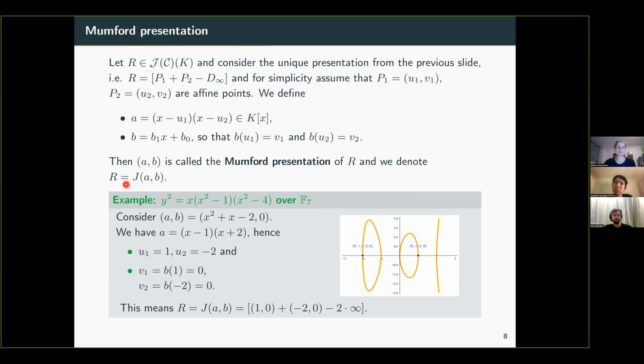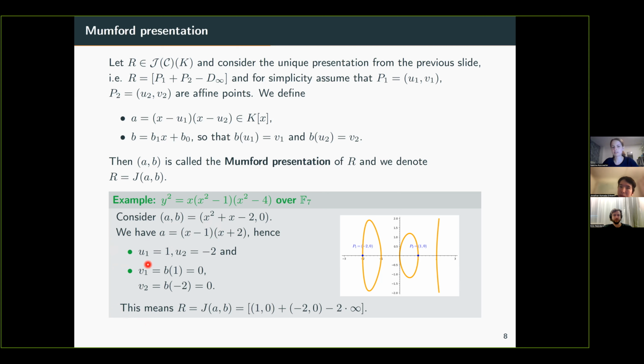So again, to make this explicit, there is a small example here. I've written down the Mumford presentation, which is given as x squared plus x minus 2, 0, of some element of the Jacobian. And now we can check how this element looks in the divisor presentation. To do this, one first finds the roots of A. In this case, these are 1 and minus 2.